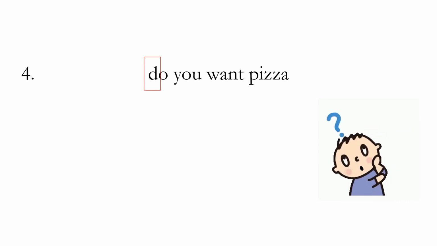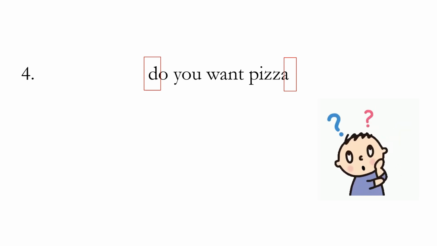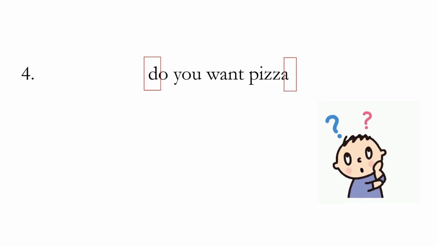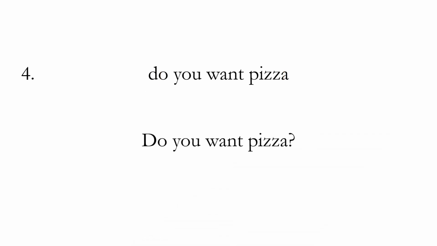You're right if you said that. Do is the first word of this sentence, so it has to have a capital letter. There's another problem. Okay, good. So what are we going to put at the end? A question mark, because this is a question.